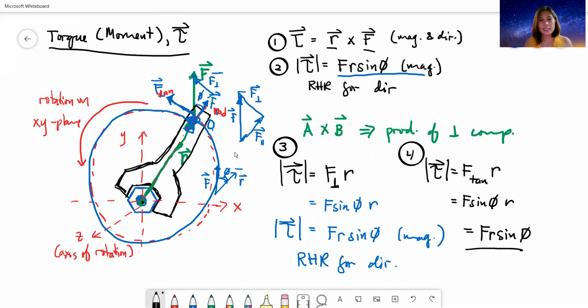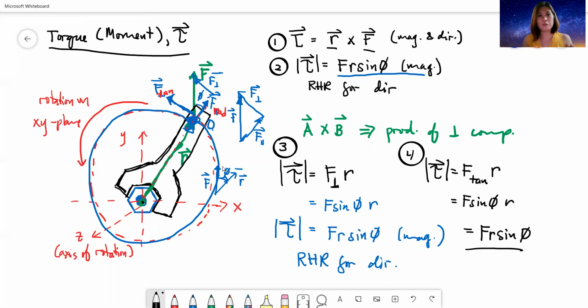So, you will see that if you want to rotate something, say for example, a steering wheel in a vehicle, it's only the tangential force of your hand that will cause the steering wheel to rotate. If you try to push or pull the steering wheel, then that is now perpendicular or radial, and that force will have no moment, because it is a rotation.